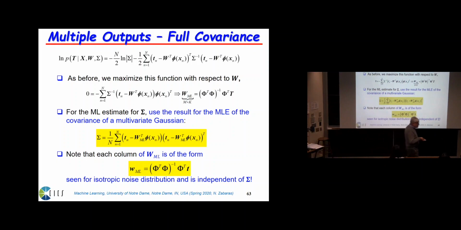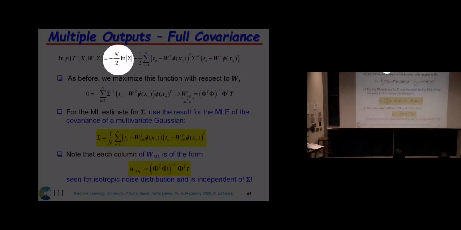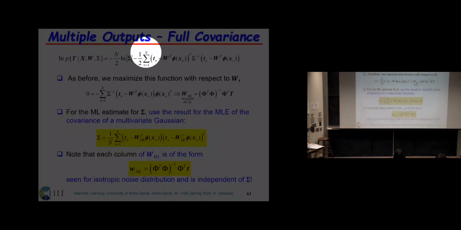So if somebody tells you find the sigma that maximizes this log likelihood, it is the MLE estimate of the covariance of a multivariate Gaussian, and is given by this nice formula.